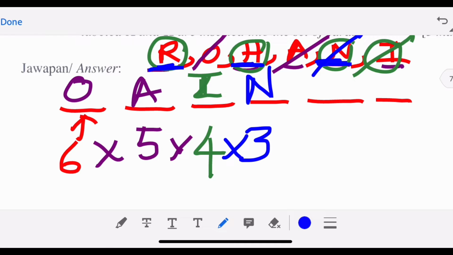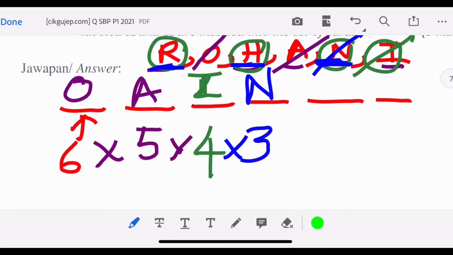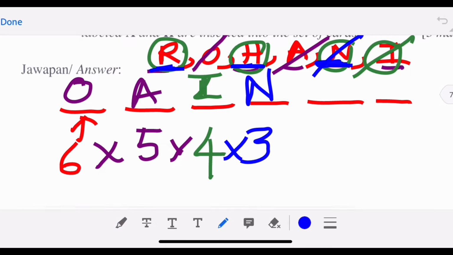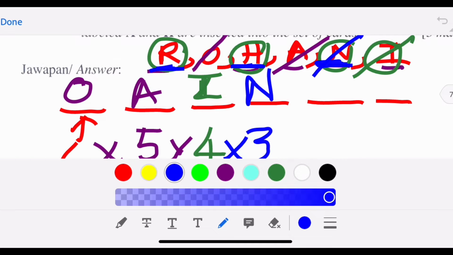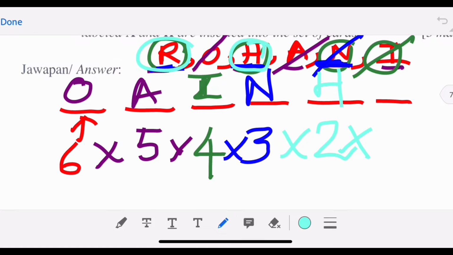So left 2. For the 2nd space, I can use either R or H. So let's say I choose H, but I have 2 ways to choose. And finally, for the final one, I have only one choice, right?